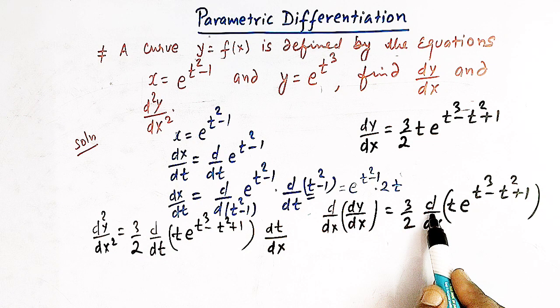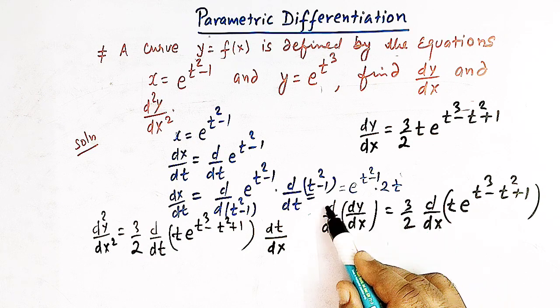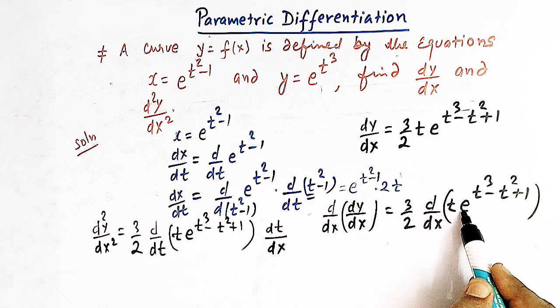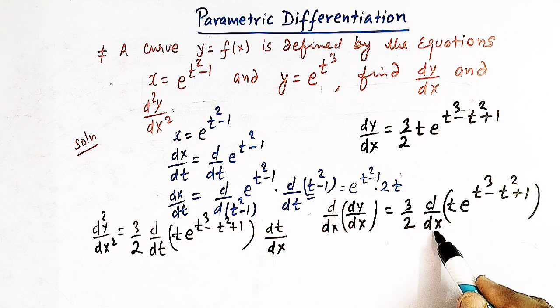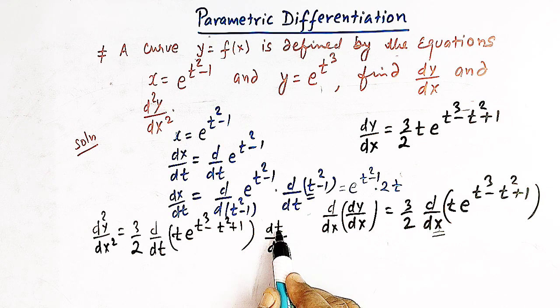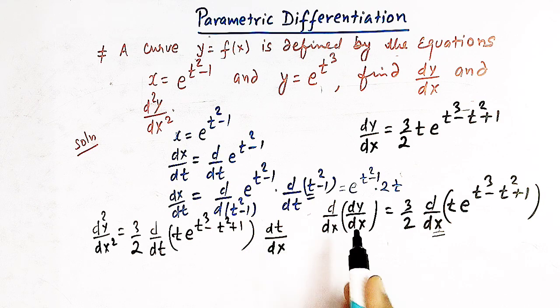So here what we have done, to get the second derivative, we have 3 by 2 d by dx of the product of these two functions. Now here we have x. So what we will do, we'll differentiate this function of t with respect to t, and then by chain rule we have dt over dx, right?